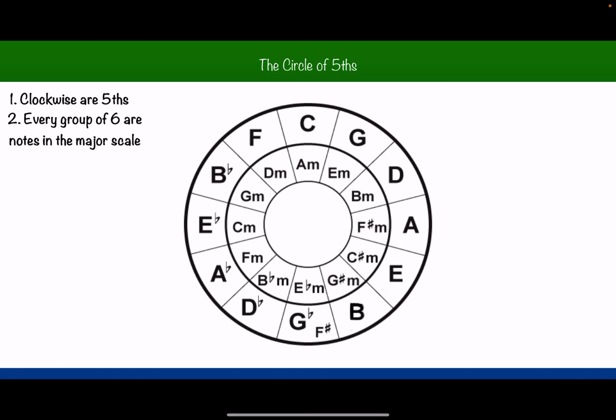All right, let's do another one. Let's get rid of that. How about D major? Let's circle all the notes around D. Well, let's just start counting in order. D is 1, E is 2, F sharp is 3, G is 4, A is 5, B is 6. And again, the 7, you got to dig a little bit. It's right next to the 3. C sharp would be the 7.